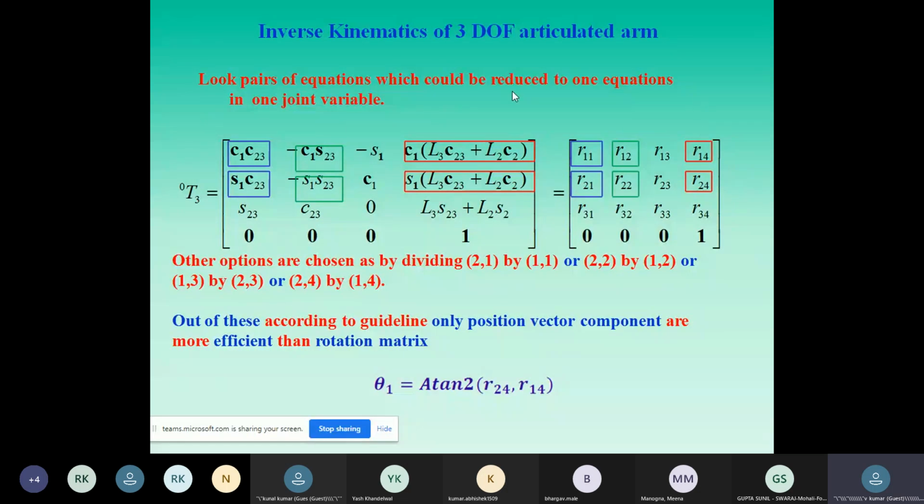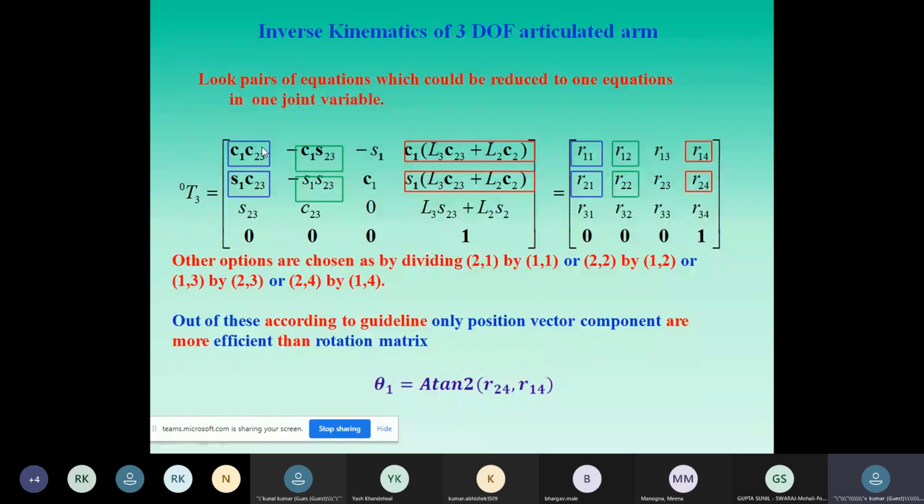So now come to the point. On the left side, C1 C23 is equal to R11 on the right side. Similarly, S1 C23 is equal to R21.